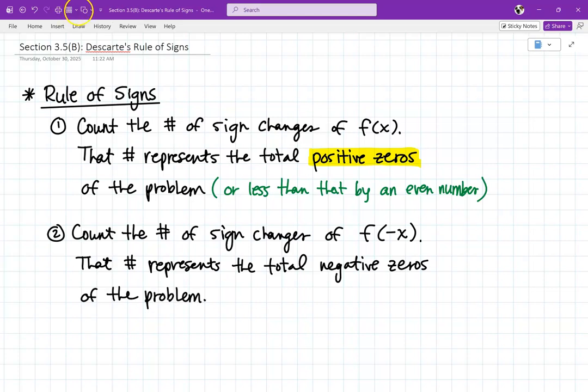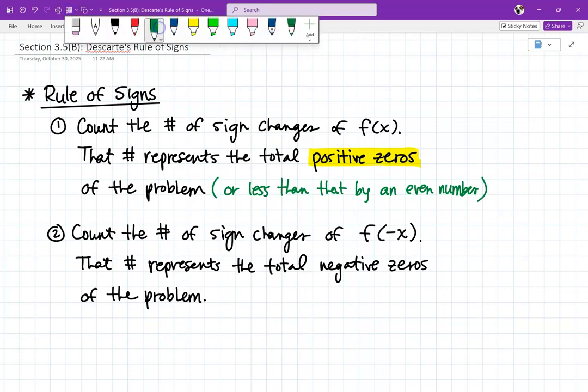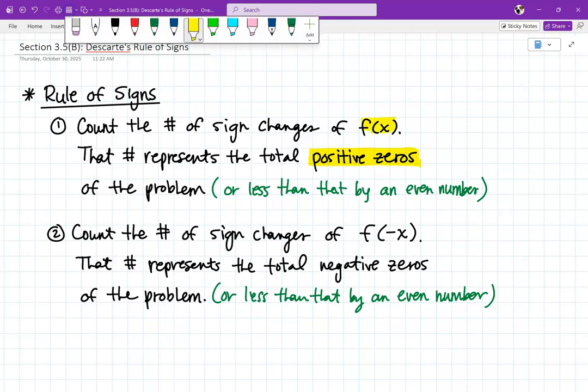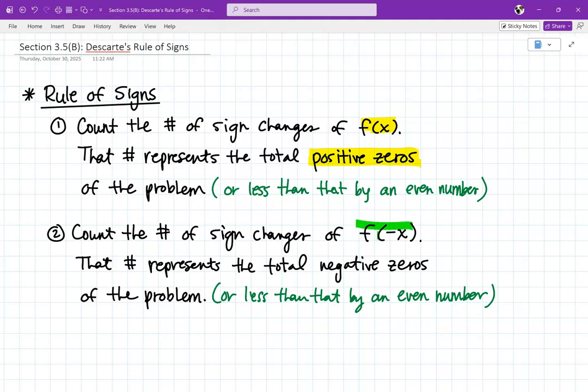So, or less than that by an even number again. So let me write that down. Or less than that by an even number. So f of x gives you the positive reals. F of negative x gives you the negative reals. Okay, so negative zeros.